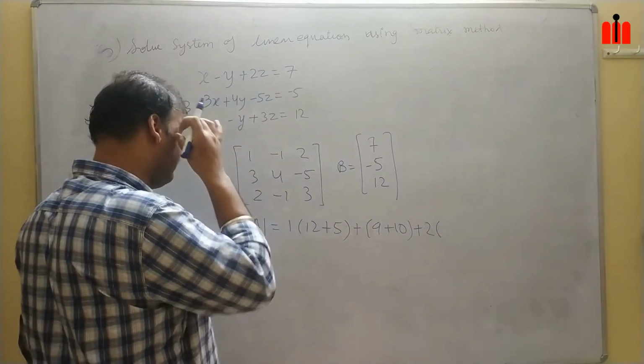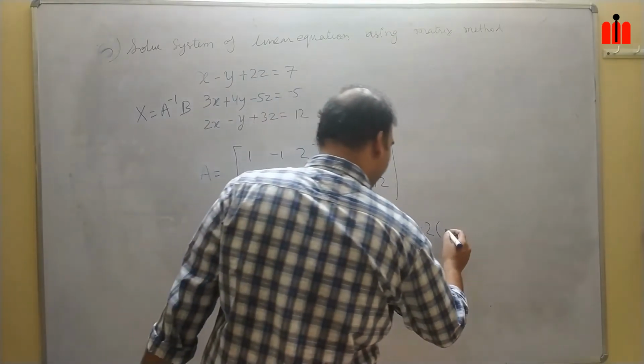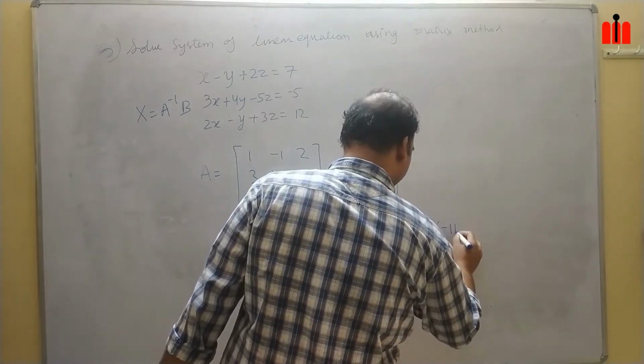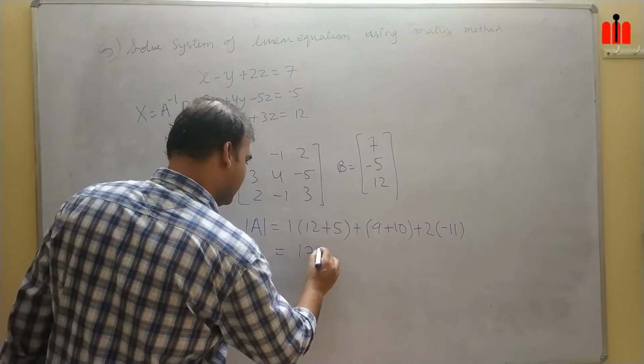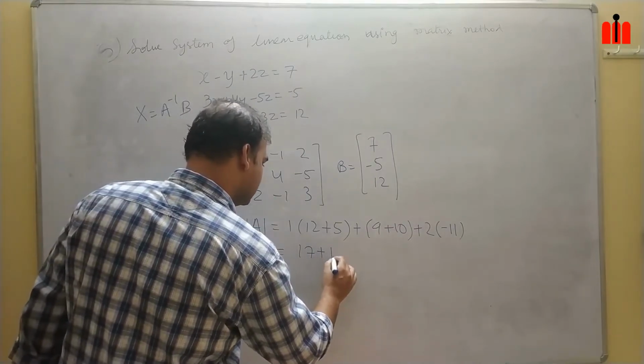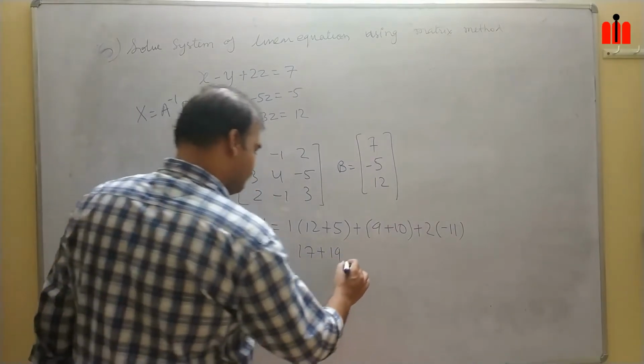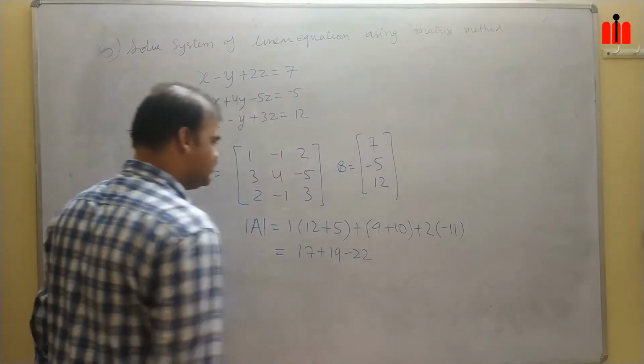So minus 3 and minus 8 will be minus 11. So it is 17 plus 19 minus 22.